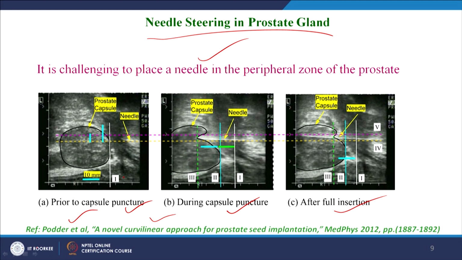So, what we have seen is that to reach the periphery, the other organs of the prostate may also be getting damaged or penetrated by the needle.